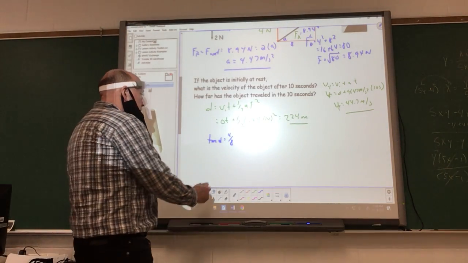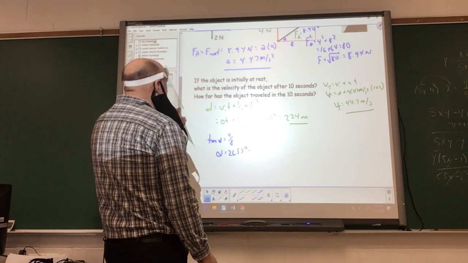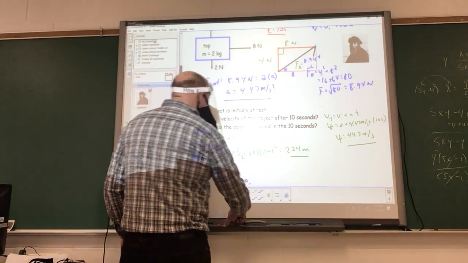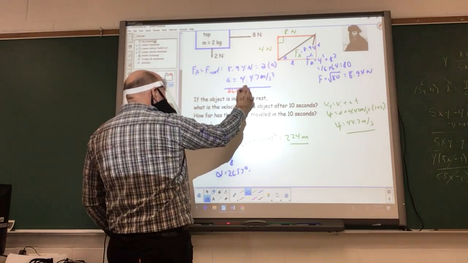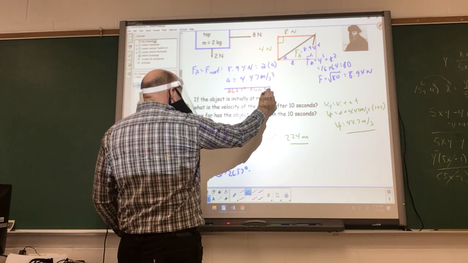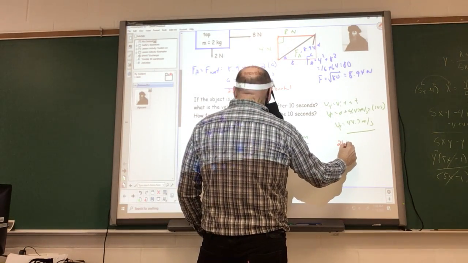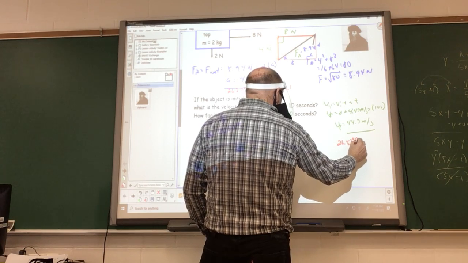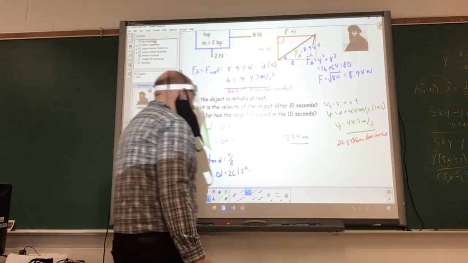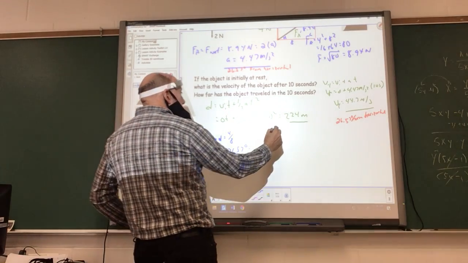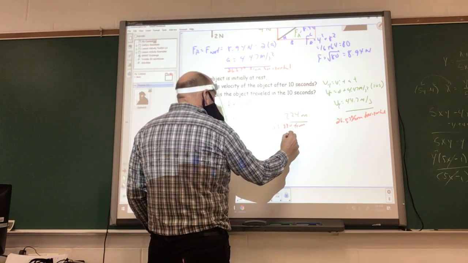Nate, what do you get for an angle alpha? 26.57 degrees. So my acceleration is 26.57 degrees from horizontal, and all this is going to be the same for the force and for my displacement, 26.57 degrees from horizontal.